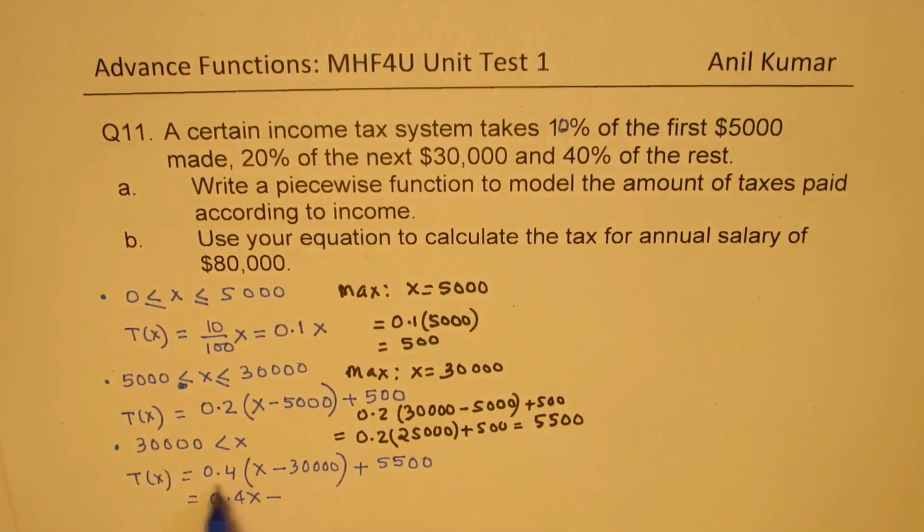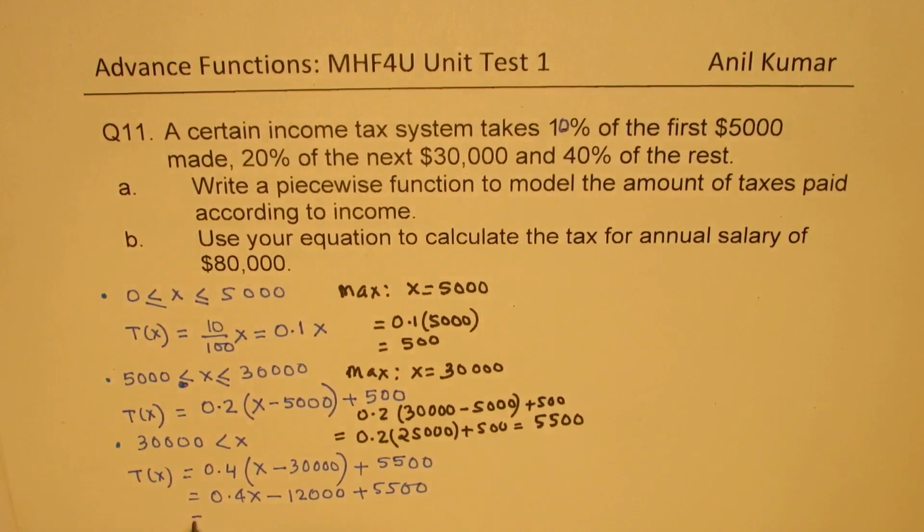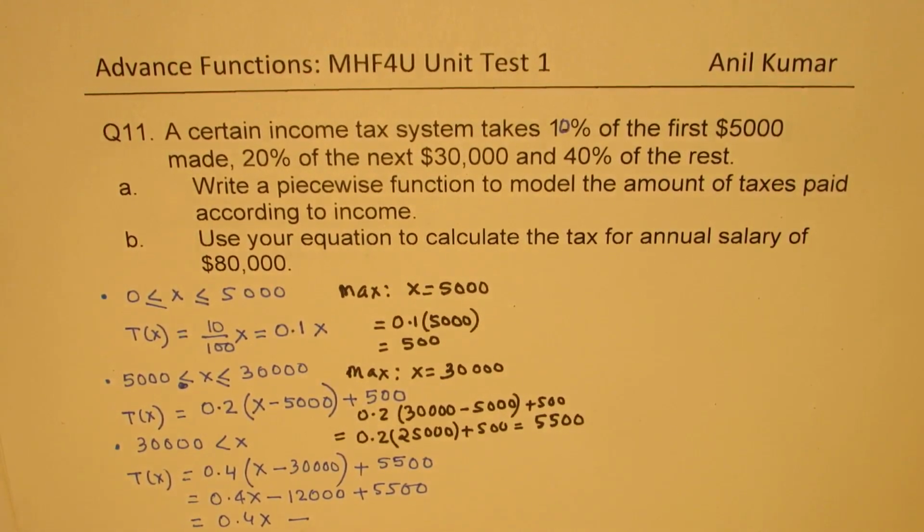So we get minus 0.1 will decrease 1, so 12,000 plus 5,500. When you take away, you get 0.4x minus 6,500, right? So that could be a simplified form.